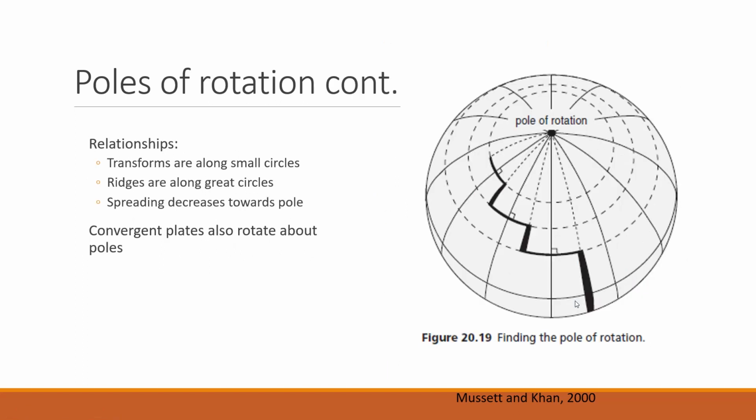So the transforms will be along small circles, and our ridges are along great circles when we think about them in reference to that pole of rotation. And the spreading is going to decrease as we get closer to the pole. Convergent plates also do this, but again, it's not quite as obvious as it is in the divergent plates.